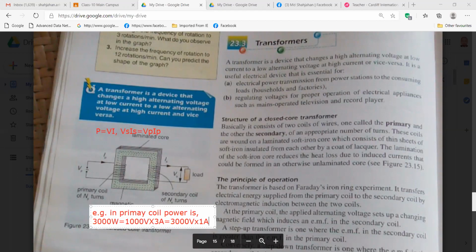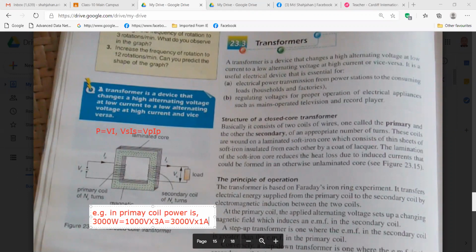Azmain, can you read now this statement written here? A transformer is a device. Read loudly. The blue color, that one, highlighted with white.